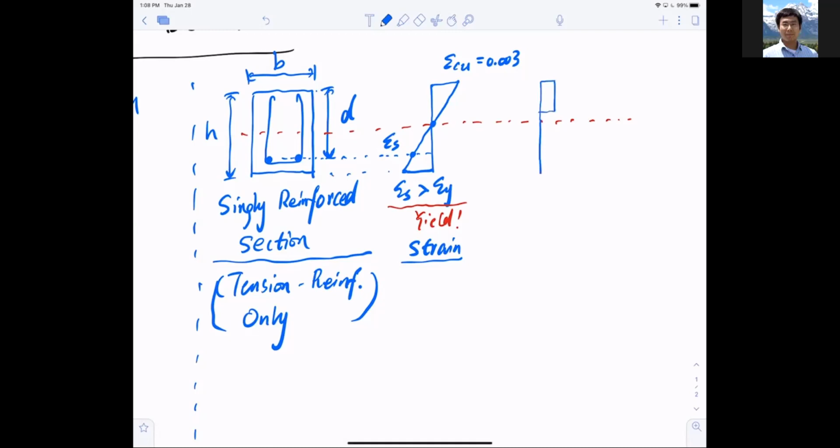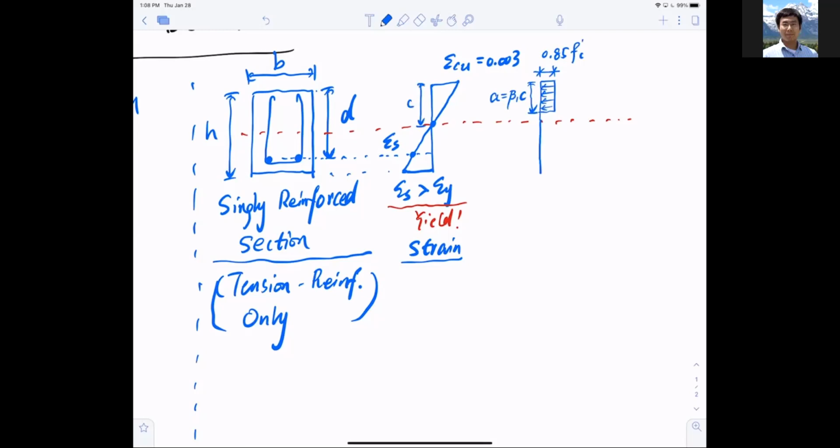The Whitney stress block says I will have an equivalent block having a strength of 0.85 f prime c, and also a length of that block. This length block is called a, a discounted actual compressive zone, beta 1 c, where c is the actual compressive zone right here. So a equals beta 1 c.